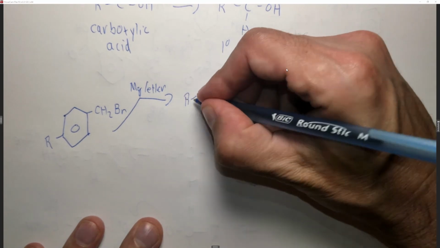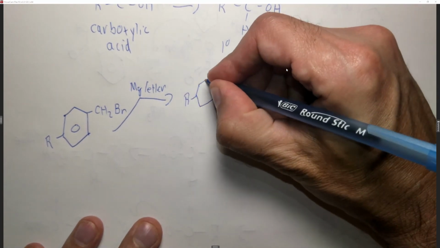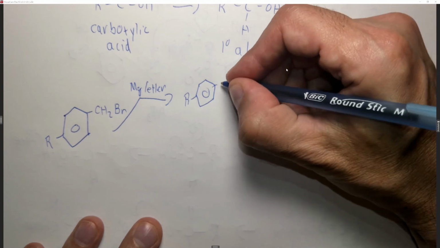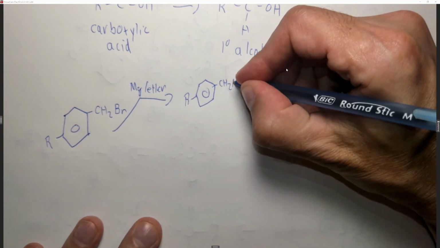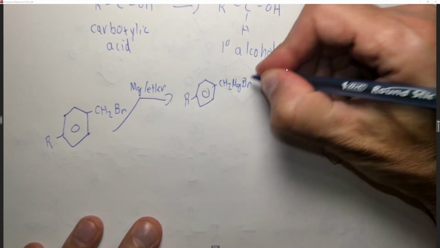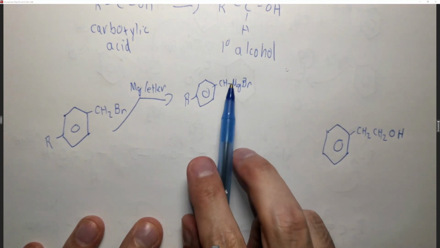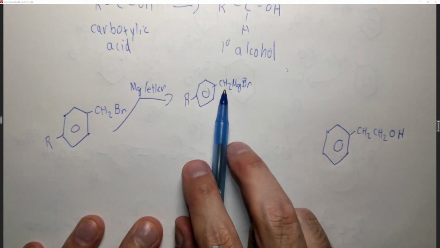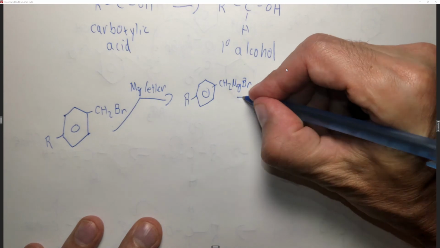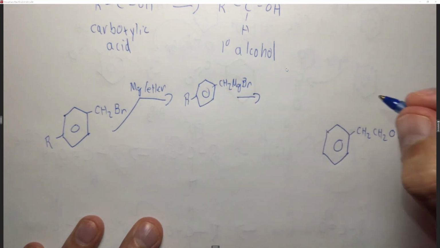So here we have R bonded to the ring, bonded to CH2MgBr. Well, now we want to add this carbon, and we want to form this into a carboxylic acid. Well, how do we use Grignards to form carboxylic acids?